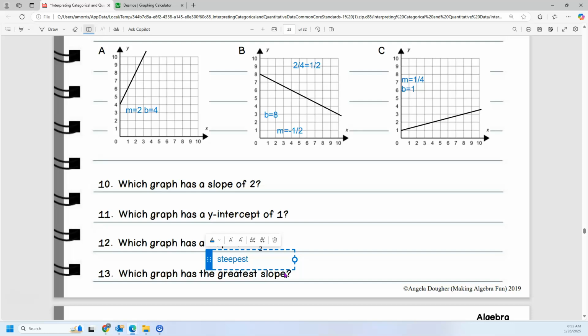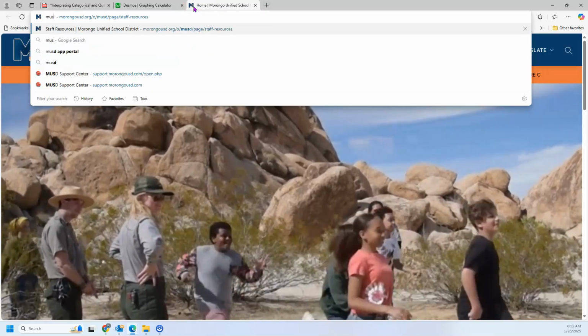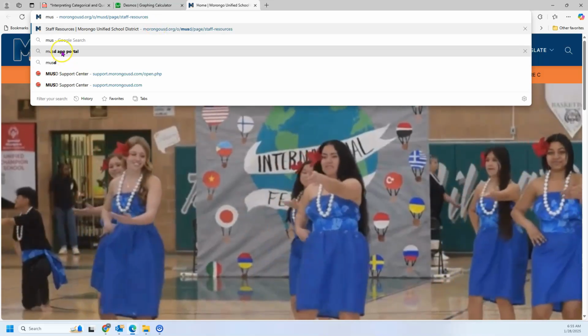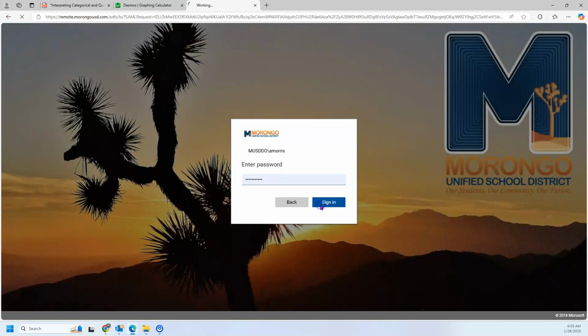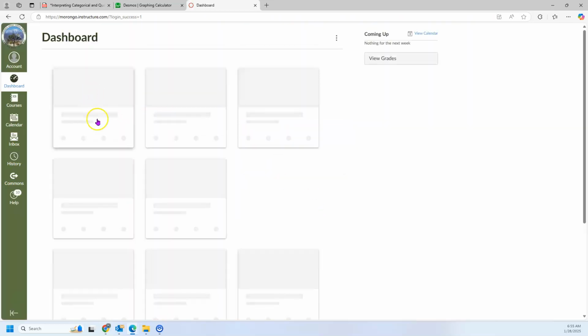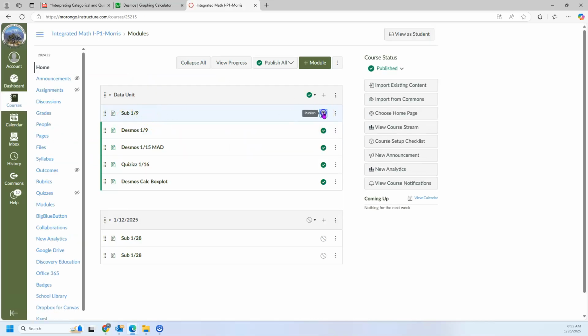All right, so after you complete this, turn this in, and then go to Canvas, MUSD app portal, and go to Canvas in your class, respectively. Nope, that's not it.